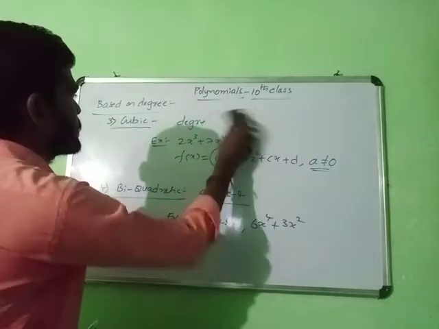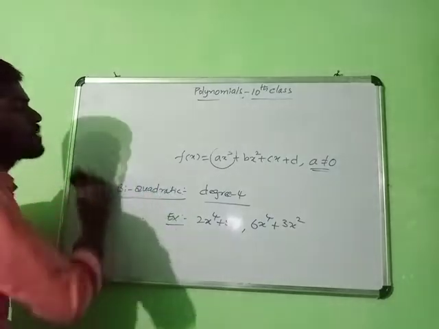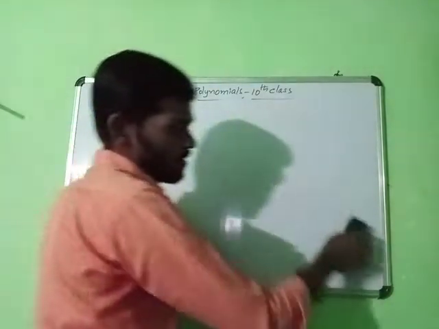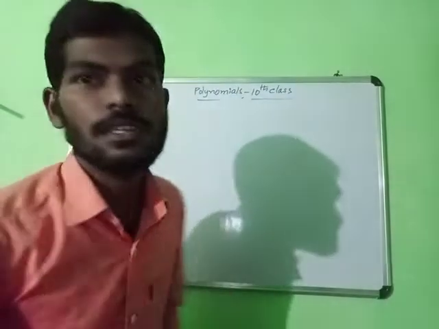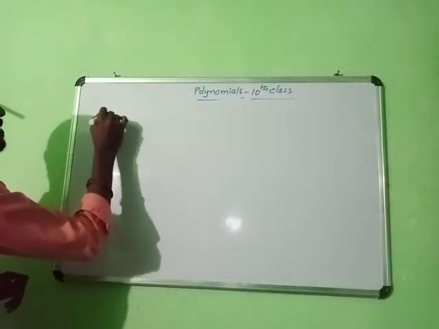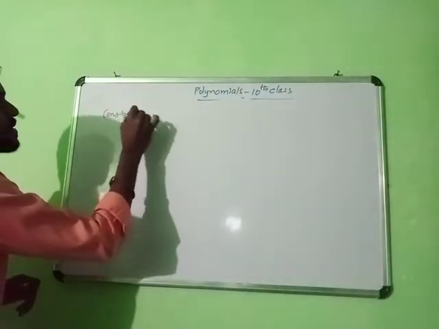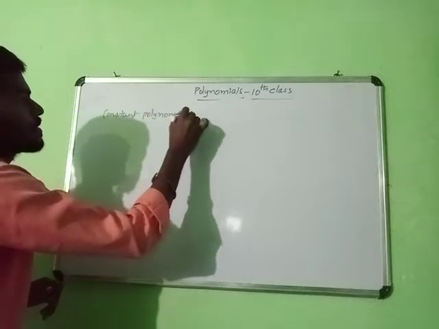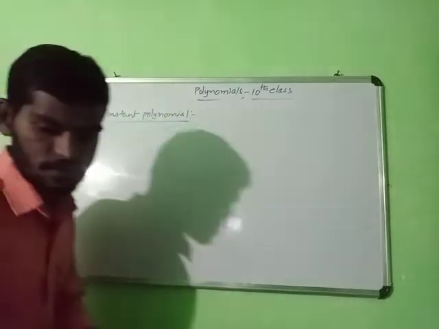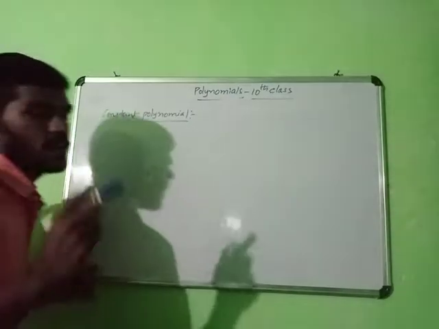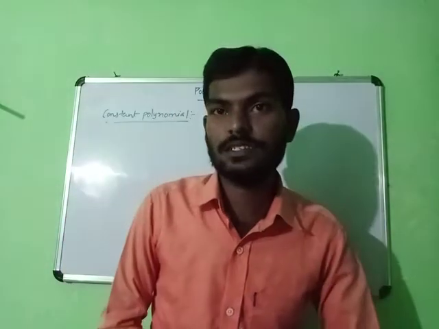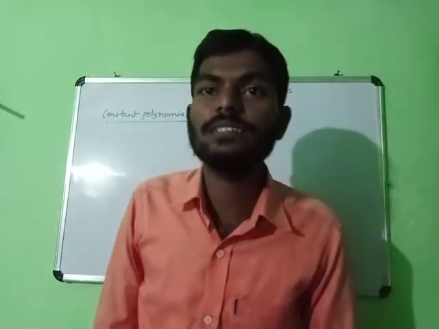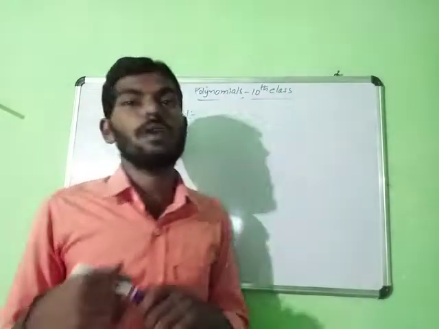Then the next one is the constant polynomial and the zero polynomial. What is a constant polynomial? If the degree of a polynomial is 0, then it is called a constant polynomial.